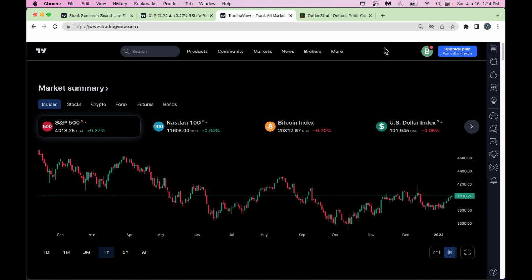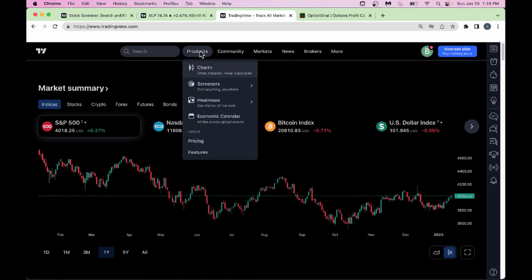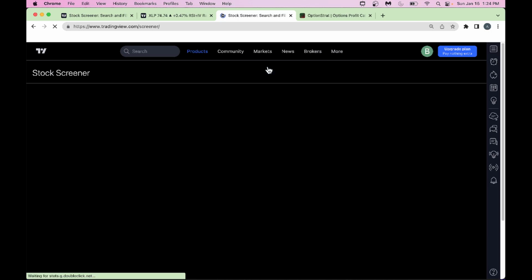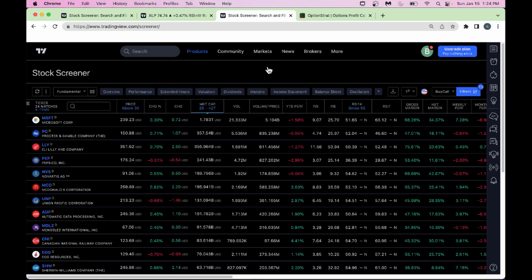For starters, you could go into product here and go to the screener and go to the stock screener because we're talking about options. Once you go there, you'll get a view something like this. It's a stock screener. Look, it's got a nice stock screener here, and the beauty of TradingView is you can create what you want to see in the layout.